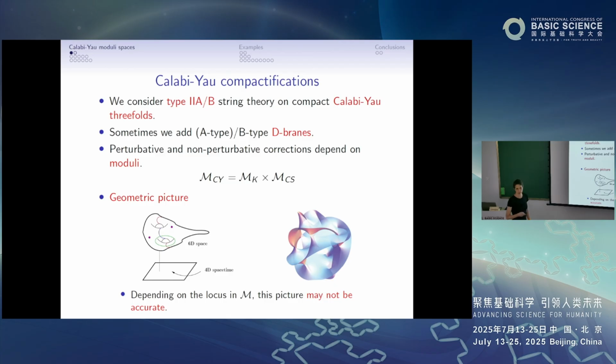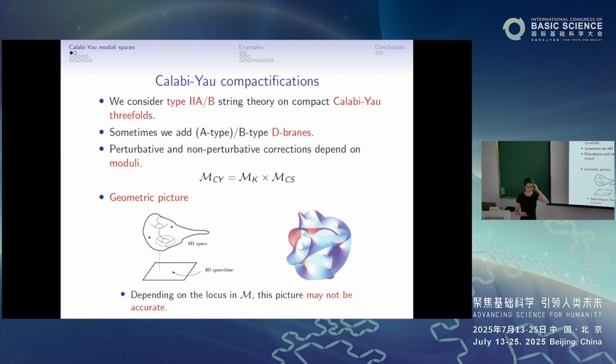Sometimes I will add D-branes to the setting. As we all know in string theory, the problems become much more interesting if you're not just considering a Calabi-Yau alone, but in combination with its moduli spaces. And that also, of course, applies in the context when we study perturbative and non-perturbative quantum corrections in string compactifications, the moduli play an important role.